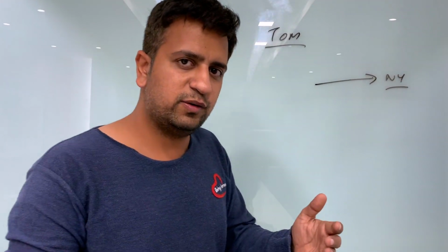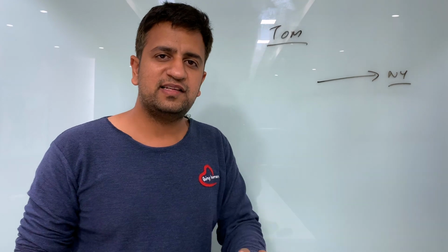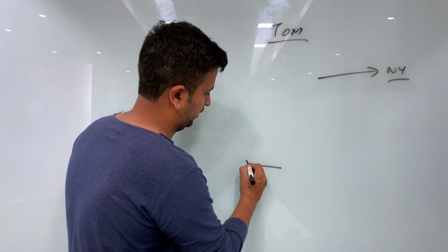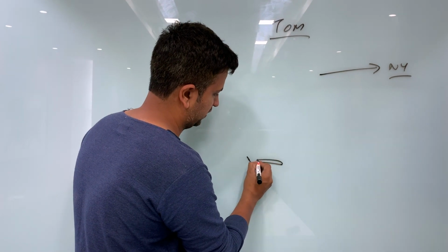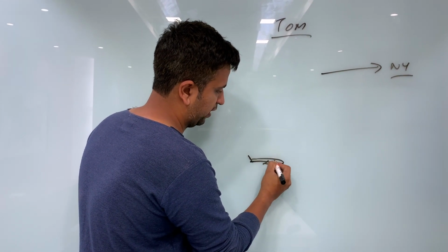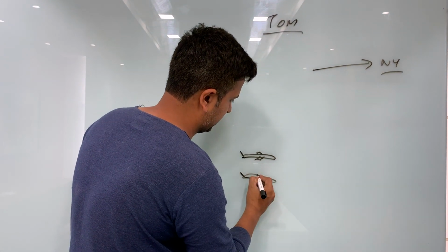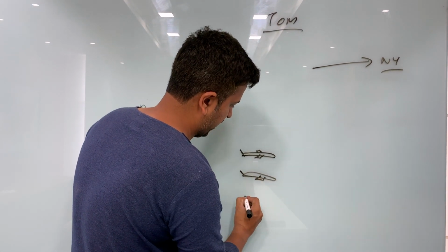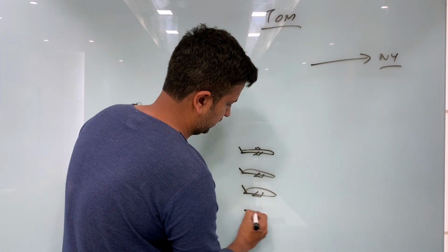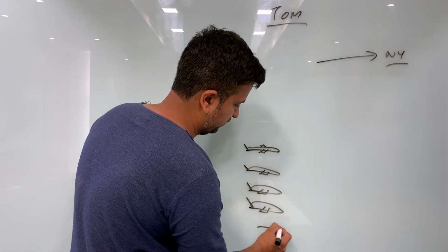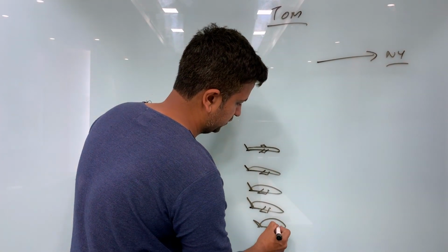Let us start with one component at a time. Let us assume we have 5 aeroplanes, and I'll try to keep it as simple as possible, guys. So this is aircraft 1, this is the second aircraft, the third aircraft, the 4th aircraft, and then the 5th aircraft.